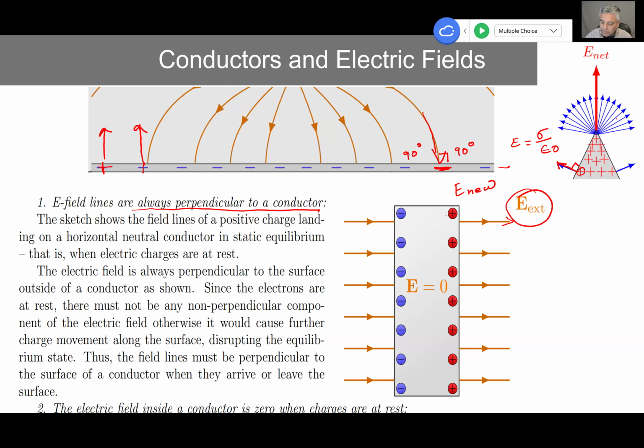So you see there are a lot of these field lines coming out, but they are kind of fanning. Why? Because the one that's coming out wants to be perpendicular here, and the one that's coming out there wants to be perpendicular there. So all of these are perpendicular to the surface at the point where they are coming out.